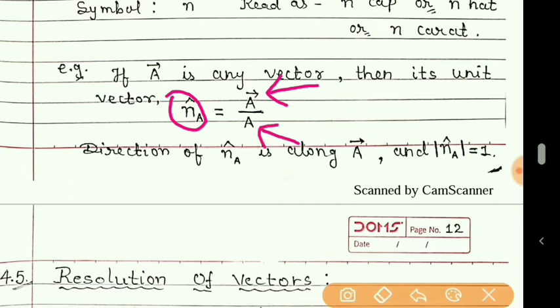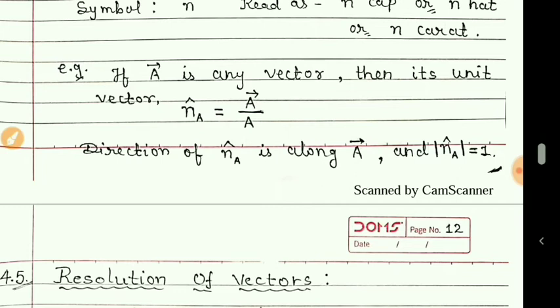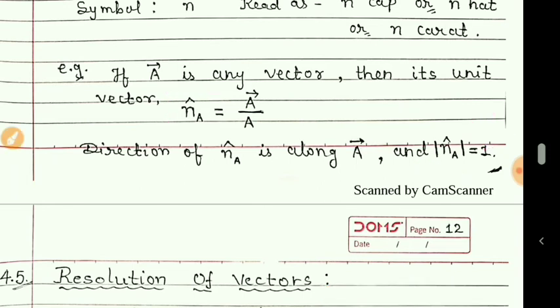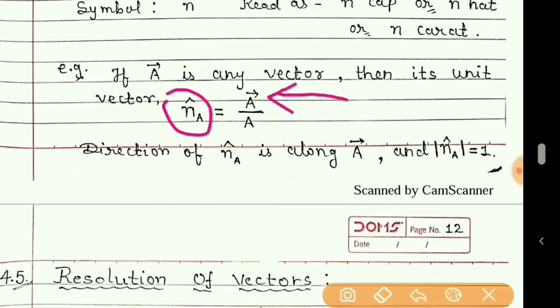So dividing any vector by its magnitude, we get the unit vector of that vector. As this is a unit vector, if we take its magnitude, then the magnitude will be 1 only. This unit vector will have the direction of vector A. That means the direction of these two will be the same only. But the magnitude of this unit vector will always be 1.